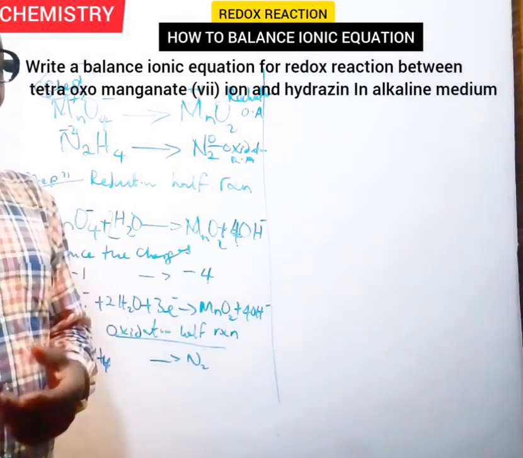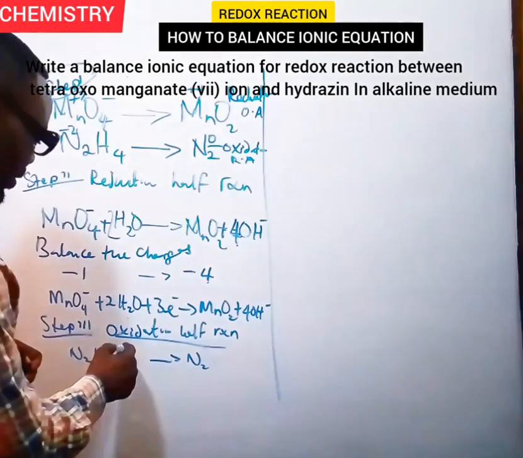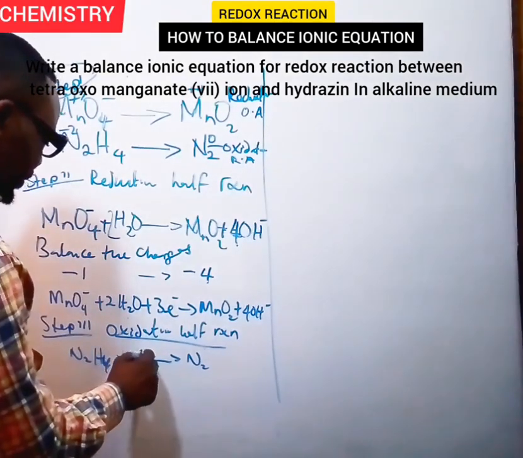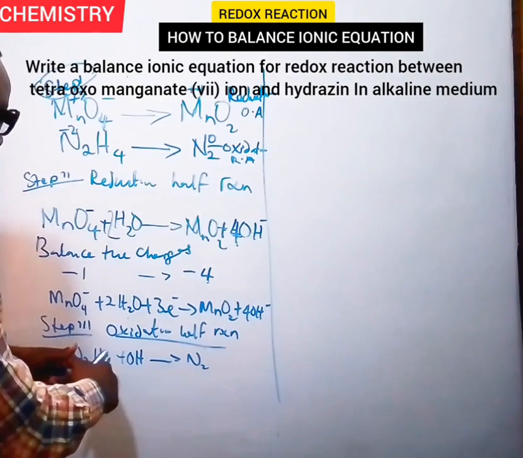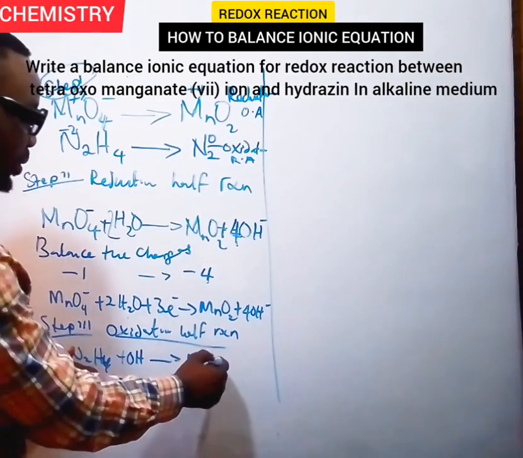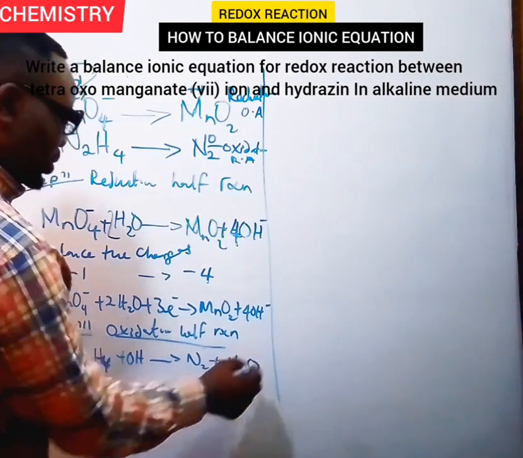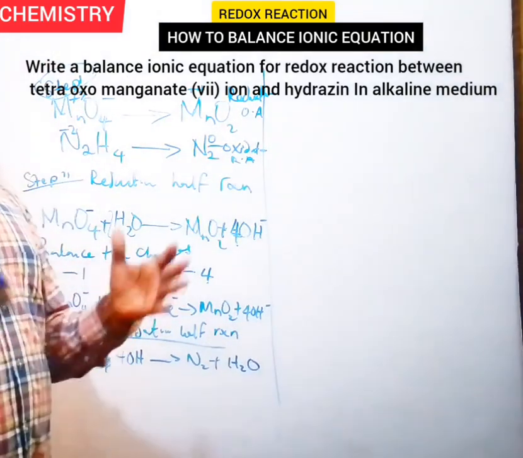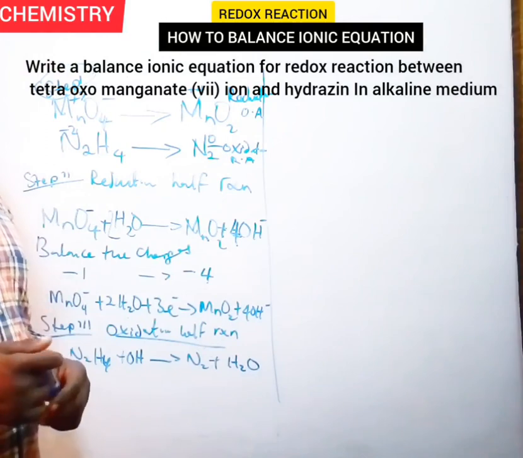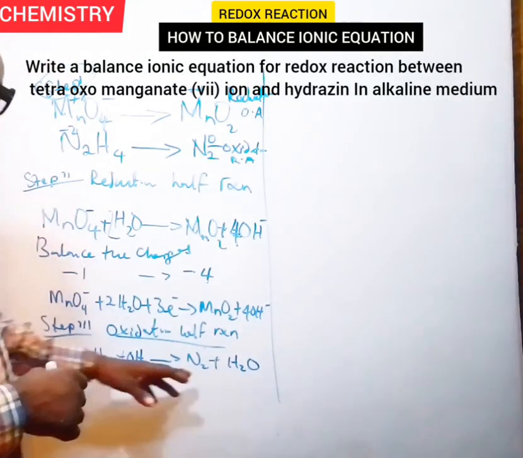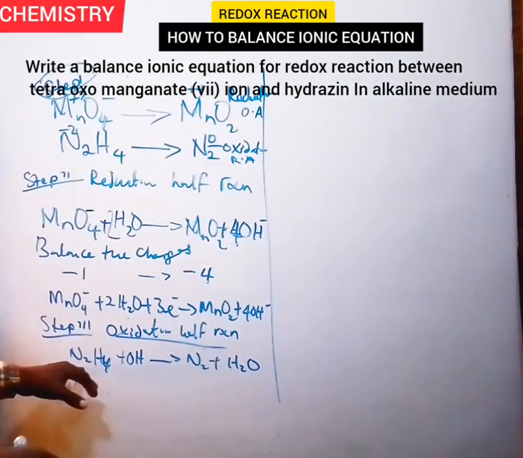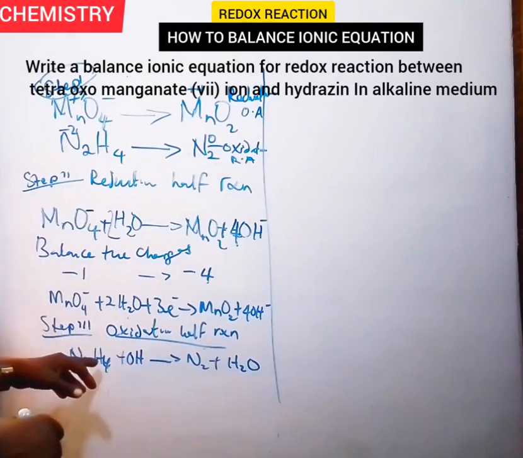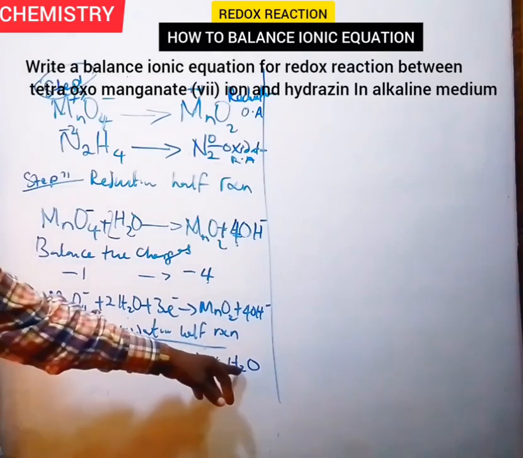You had hydroxide plus OH, so this hydrogen will combine with this one to get water. So after we've been able to get this, let's look at the balancing of the equation. Nitrogen here is 2, 2 here. Hydrogen is 5 here, 2 here.